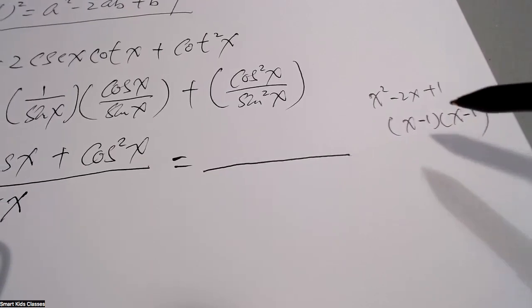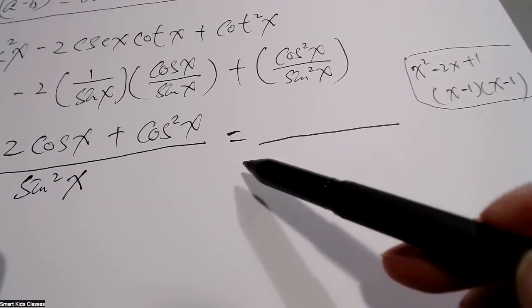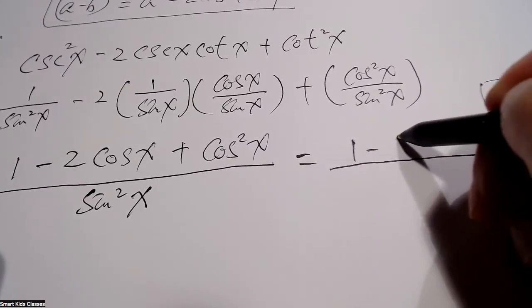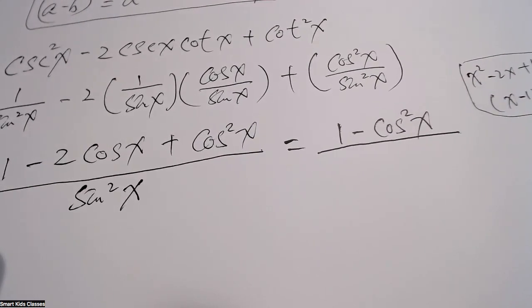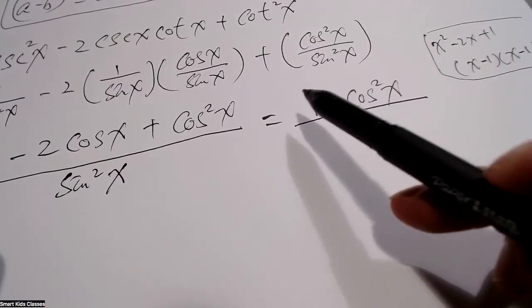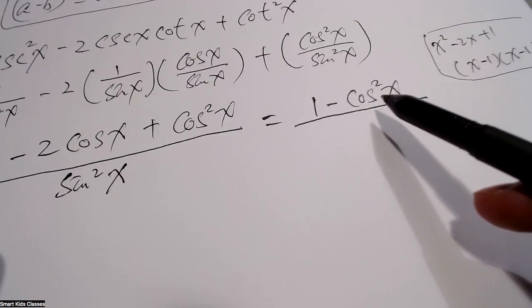It's the same concept here. This is the explanation for getting the factor. So for the denominator, we're going to have 1 minus cosine squared x.